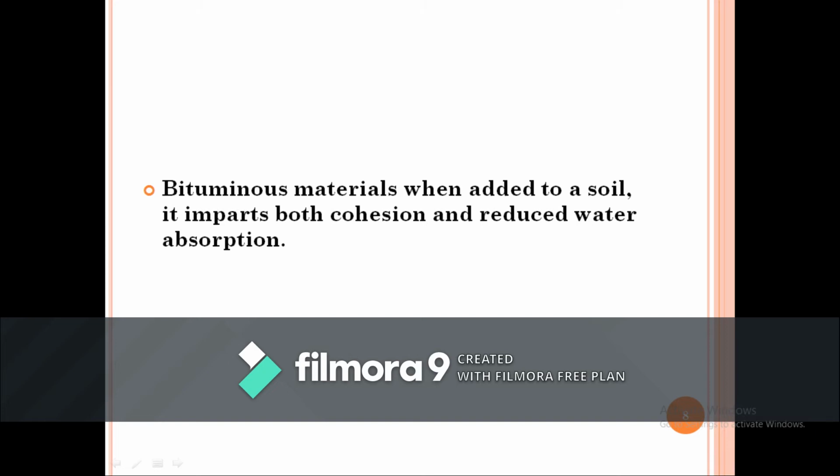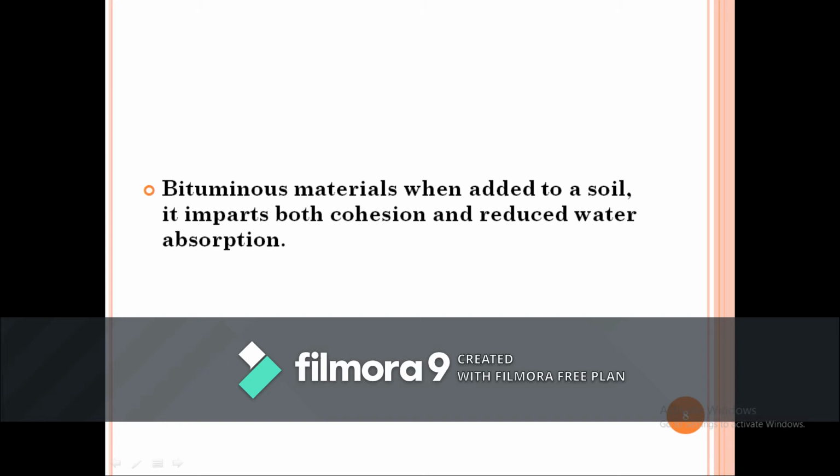When we are using it on pavements, it is mainly to expel water and to decrease water absorption into the lower layers of the pavement. So both cohesion and reduced water absorption are given by bituminous material.